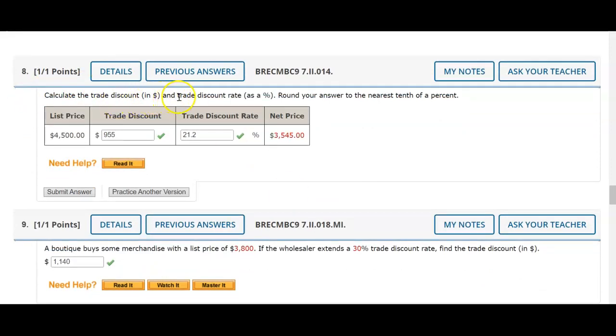All right, looking at question 8. Calculate the trade discount and discount rate. Round your answer. So here we're working backwards. We have the list price and we have the net price.